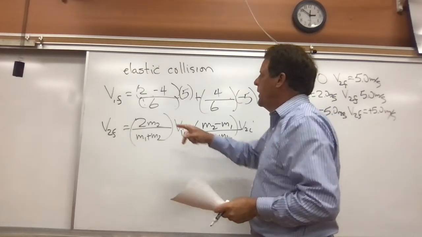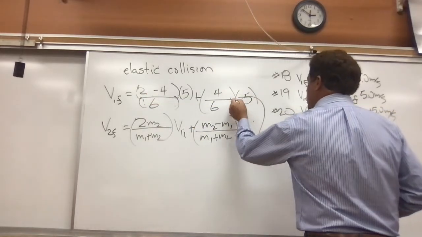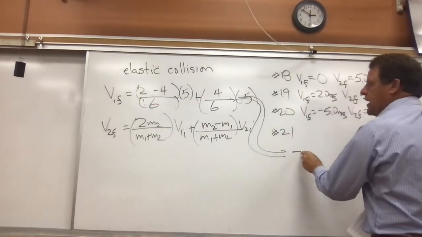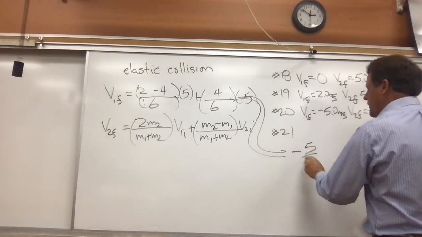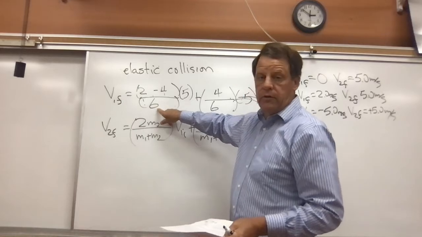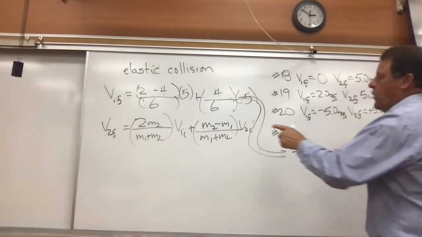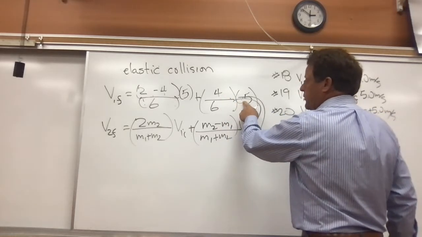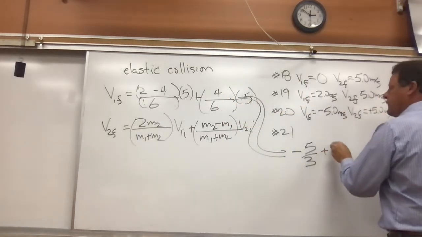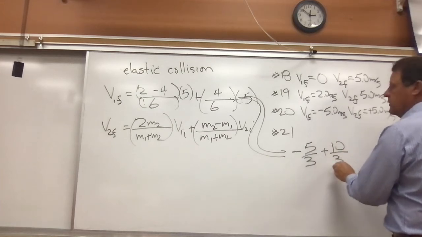Okay, so we're basically going to have, and we'll take this down here, -5/3. Okay, so -2 divided by 6 is -1/3 times 5 is -5/3. And we're going to have 2/3 of -5, so we're going to have 10/3.